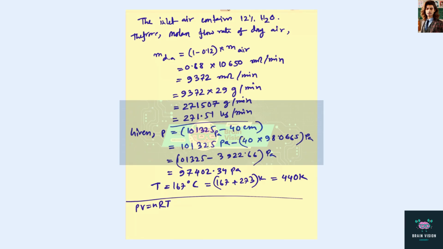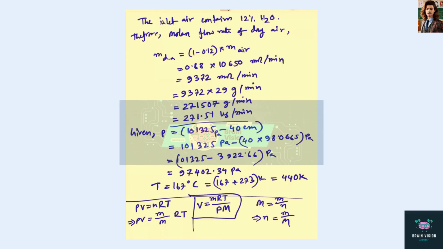From the ideal gas law, we know that PV is equal to nRT. Again, we know that molar mass is equal to mass divided by number of moles, or number of moles is equal to mass divided by molar mass. Let's substitute it here. PV is equal to mass divided by molar mass multiplied by RT, or we can write V is equal to mRT divided by P multiplied by molar mass.